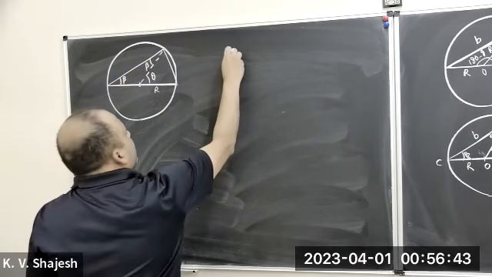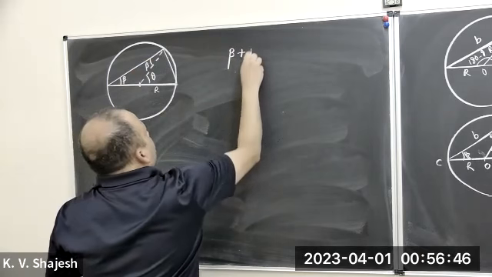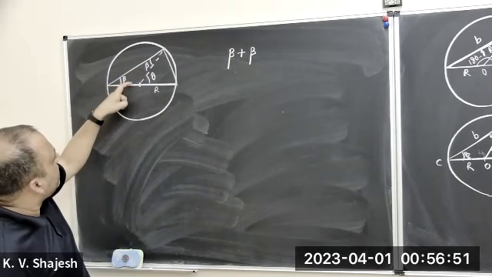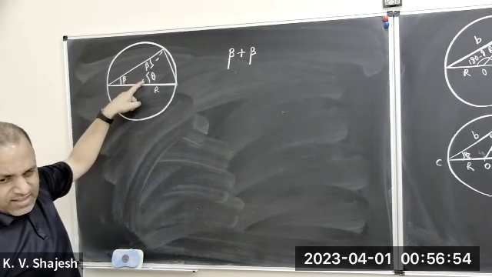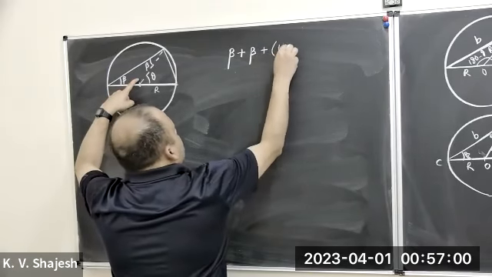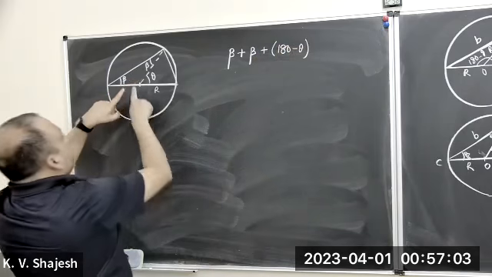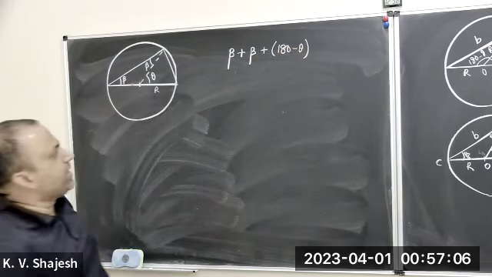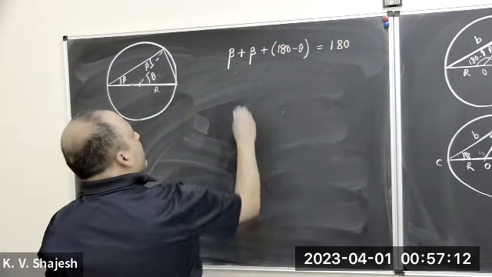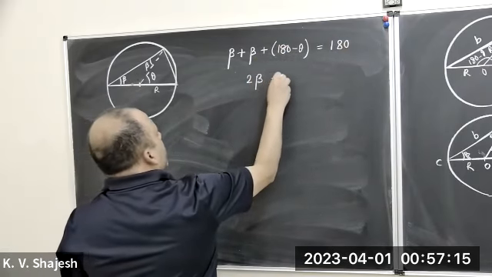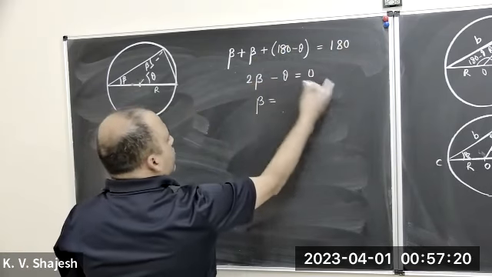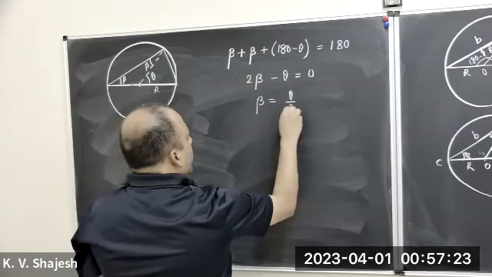So what we can say is beta plus beta, plus this interior angle, has to equal 180 degrees, but that angle is 180 minus theta, correct? So 180 goes away. So 2 beta minus theta is equal to 0. That means 2 beta is equal to theta, so beta is equal to theta over 2.